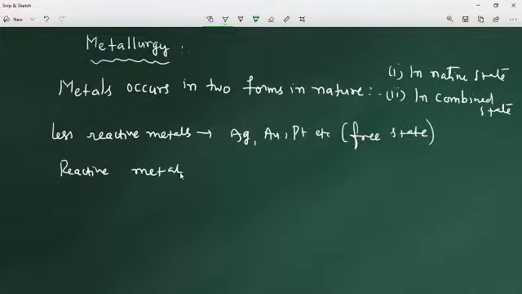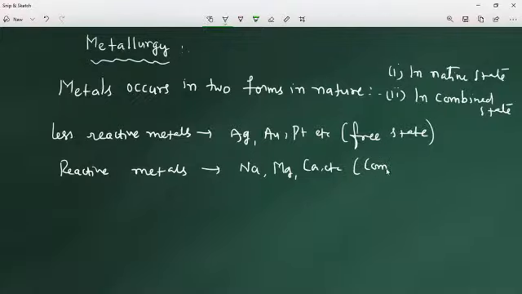What are reactive metals? Most of you know that alkali and alkaline earth metals like sodium, magnesium, calcium, etc. are said to be found in a combined state.